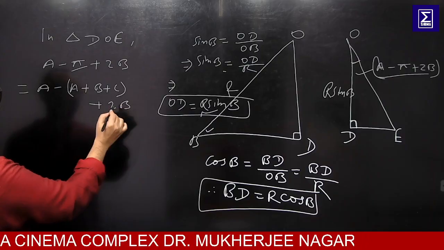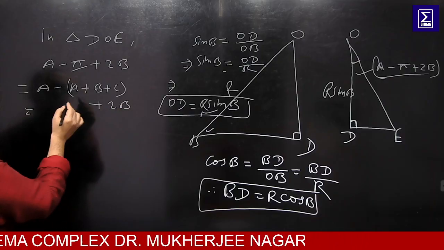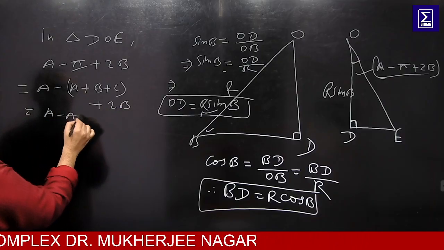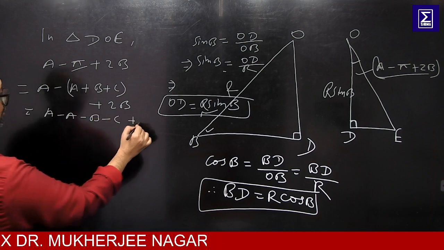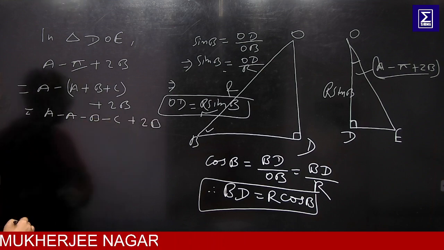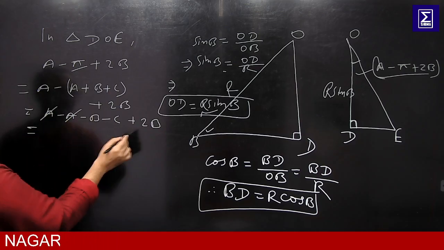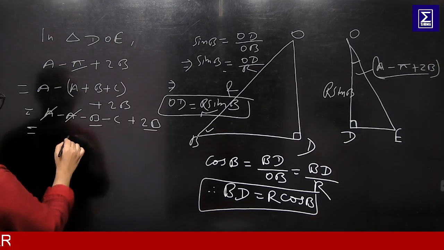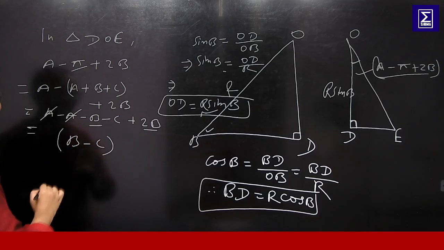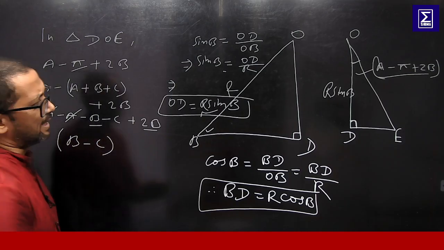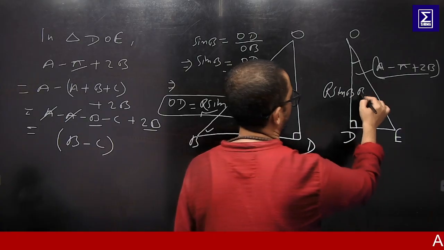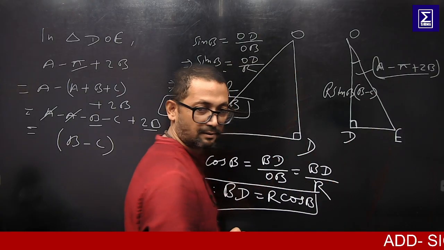Minus plus 2B. So it would be A minus B minus C plus 2B. Yes or no? So here what will you get? A and A get cancelled. So B and 2B, so we are getting B minus C. So this angle is nothing but B minus C.